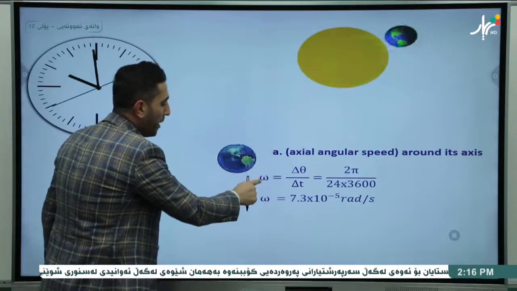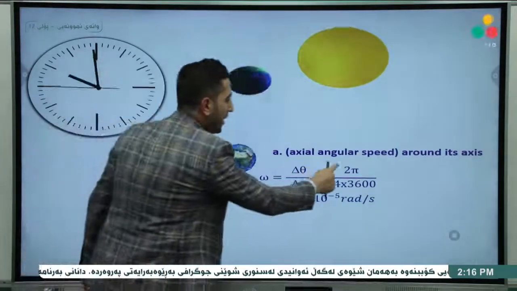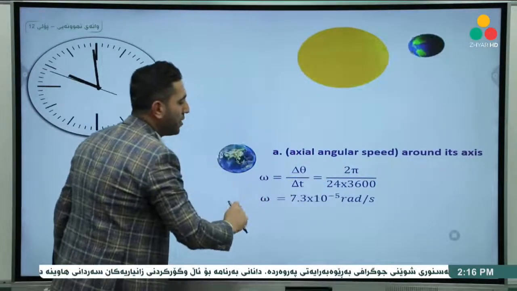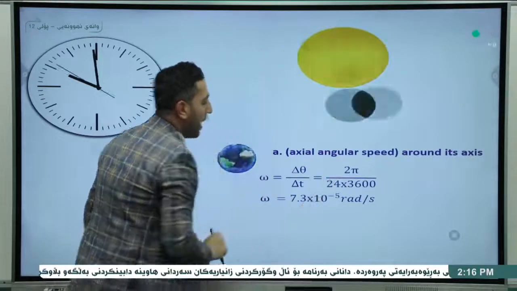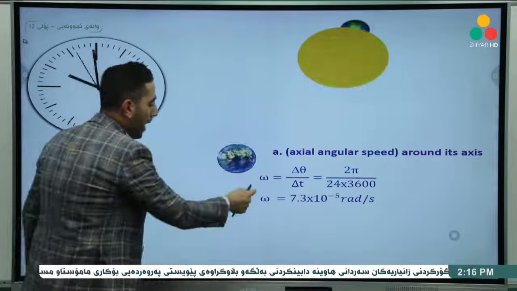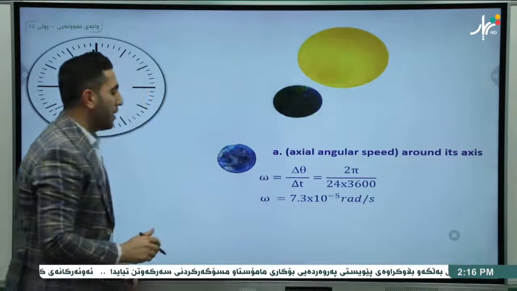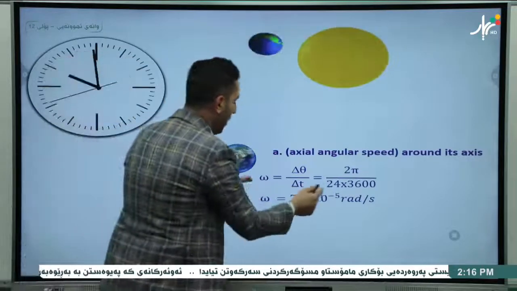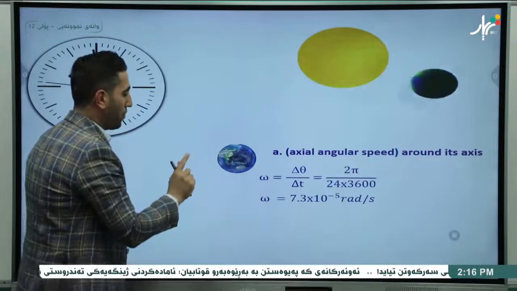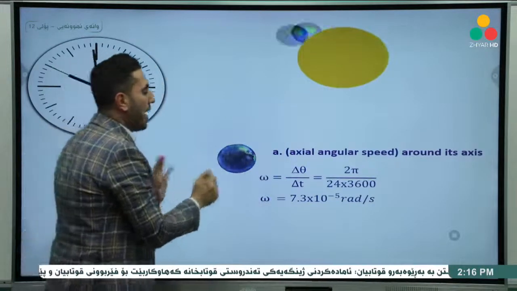The angular speed is delta theta over delta t, and omega is equal to 7.3 times 10 to the power negative 5 rad per second. This is constant and its angular acceleration is 0. This is the axial angular speed of Earth.